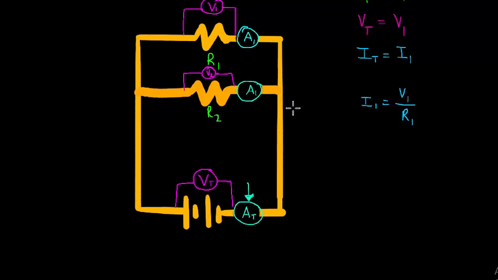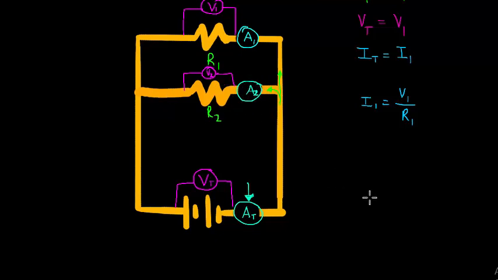Now you'll notice that once I get to this point here, my current splits. All of the coulombs can't pass in this direction, and all of the coulombs don't go in that direction. There's a split happening, and sorry, I numbered this one, it should be 2.